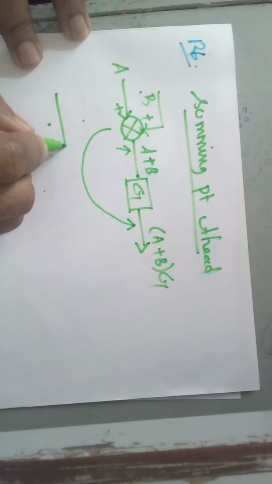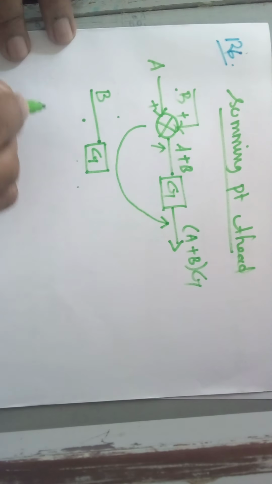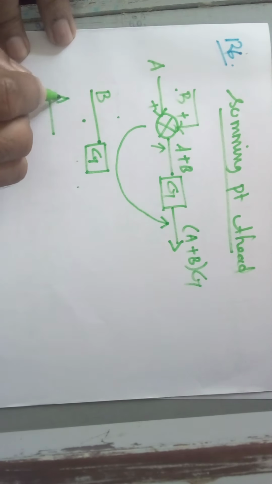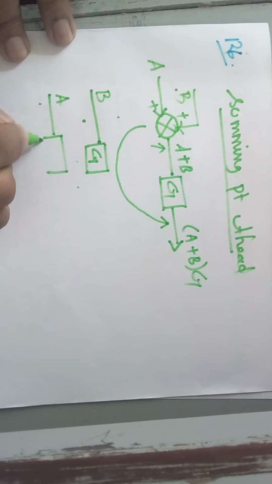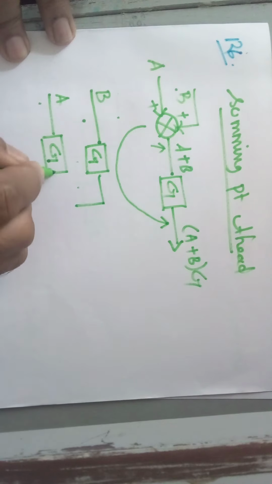First, the signal B should be multiplied with the gain G, right? Another signal A is also multiplied with the same gain G, right? Now you are adding these two things.